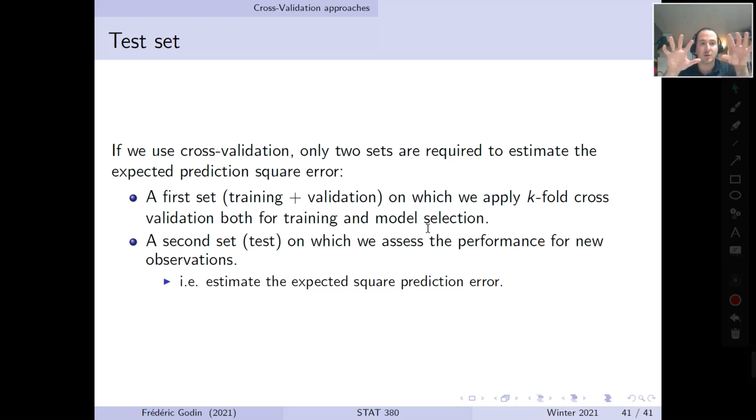Then, based on these, which were obtained in a single data set, you can make predictions for the second data set, which acts as the test set. On this test set, you can compute the mean square error to assess the performance of your model. You wouldn't have a biased estimate of the mean square error because these are totally new observations that were not used during the training of the model. So you would have an unbiased assessment of the mean square error of your model.